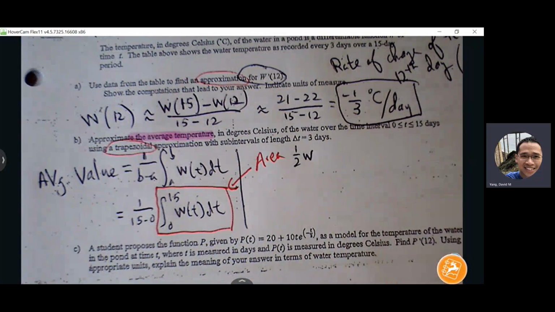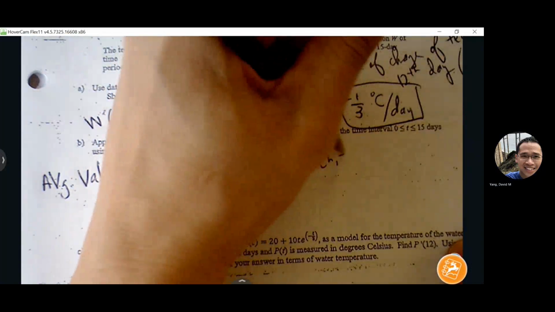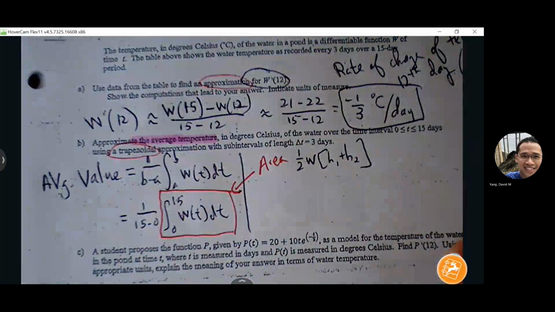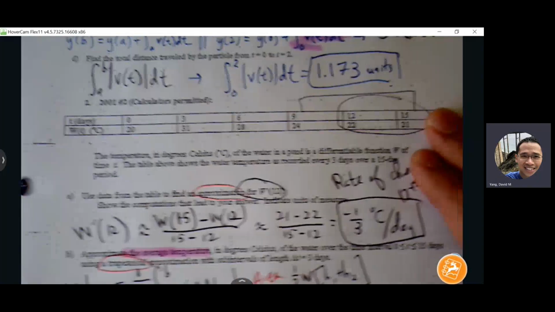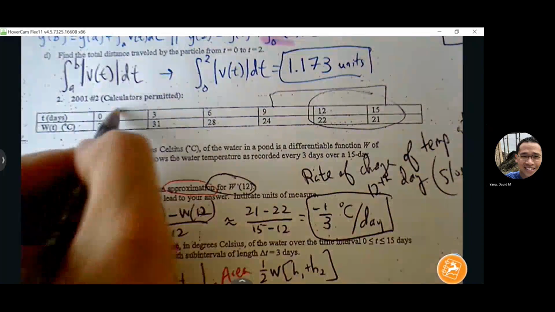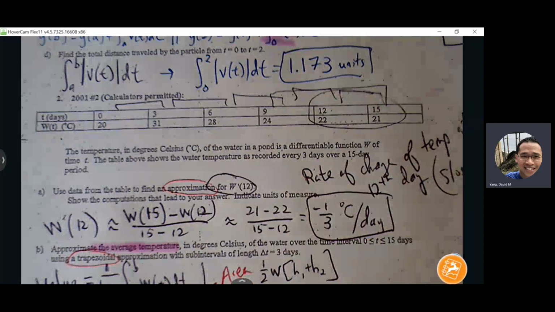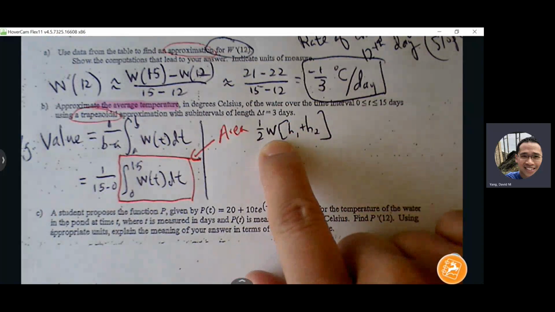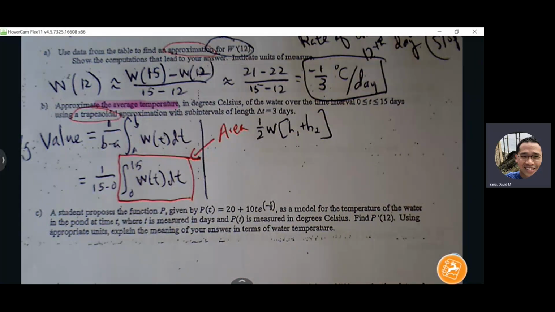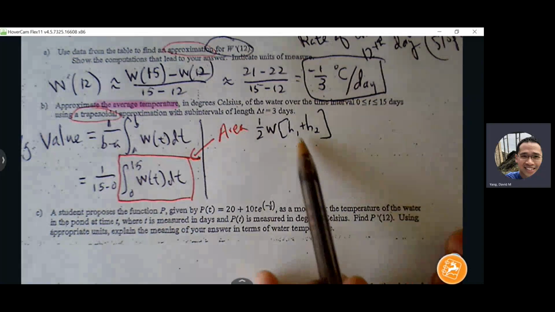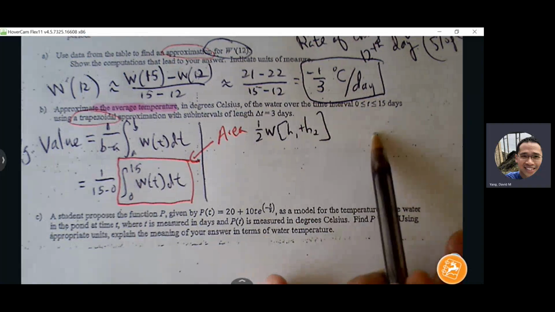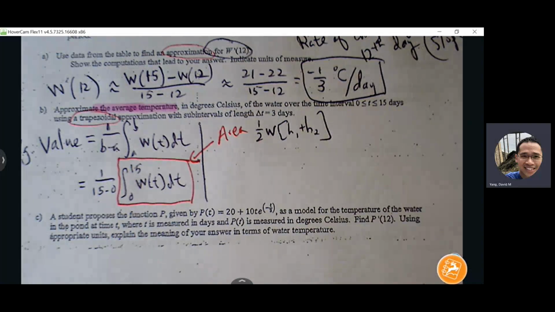So 1/2 width, height 1 plus height 2. Now, what's nice about the width? It's all the same. So if it's all the same, we can do that little bit of a shortcut that we talked about, trapezoid approximation, where I can factor out the width, and then I can just add up all the heights. And what do you know about all the heights? What's the pattern with the heights? All the middle ones are what?